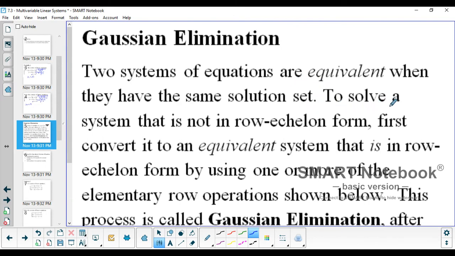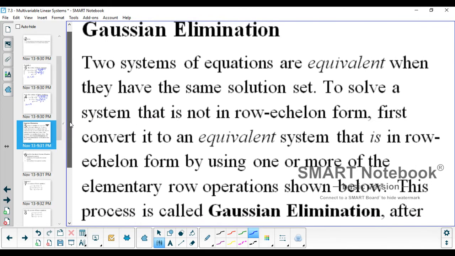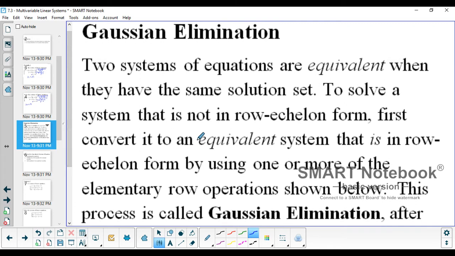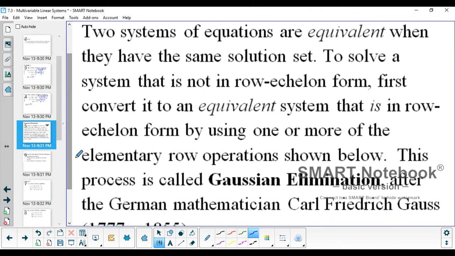Okay, so now we're going to talk about how to solve them when they're not in that nice, neat form, and it's called Gaussian elimination. So two systems of equations are equivalent when they have the same solution set.